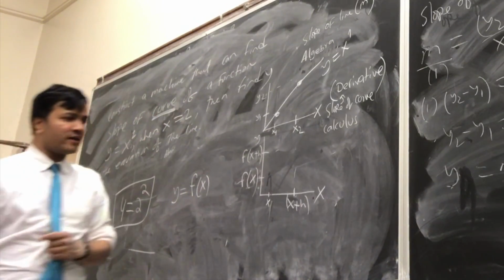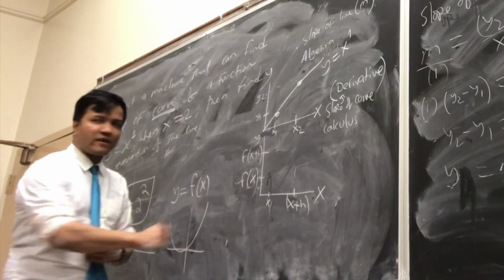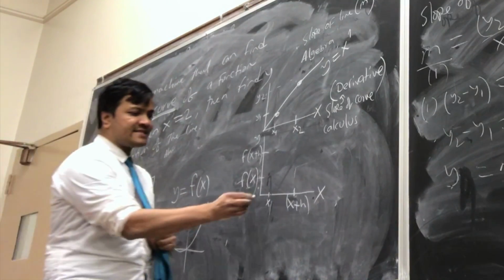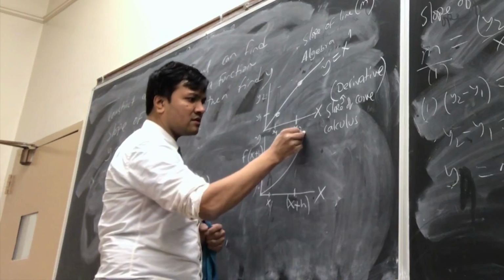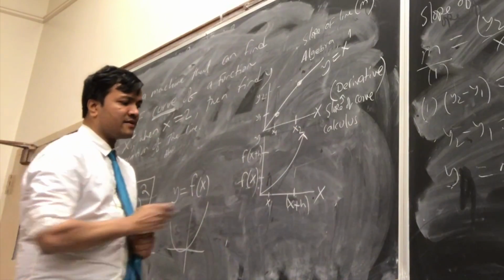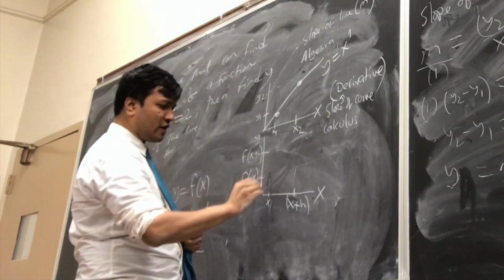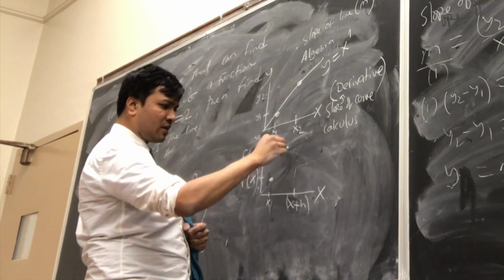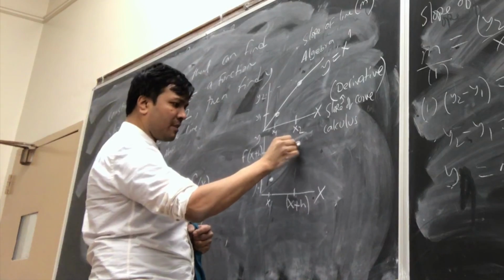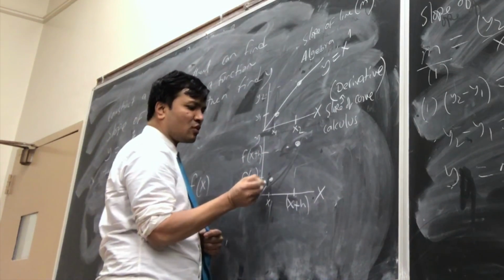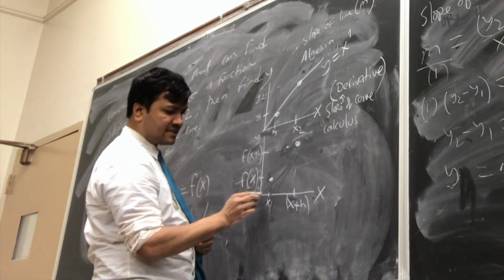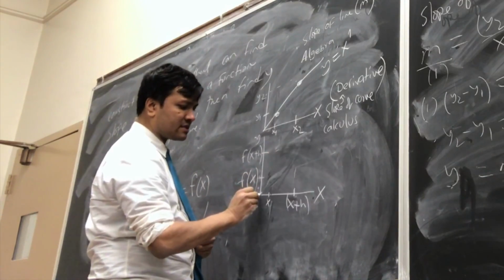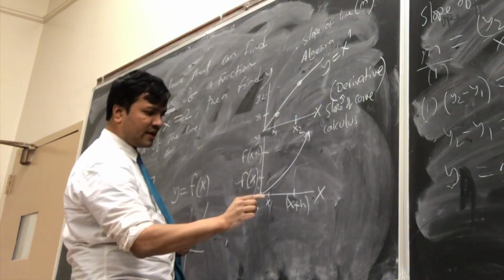Y equal to x squared looks like a parabola, right? So this is the right side of the parabola. Try to draw nicely. Here is one point, and here is another. I'm going to make it look like they touch both. If they don't touch, then I will shift it in a way that they touch.